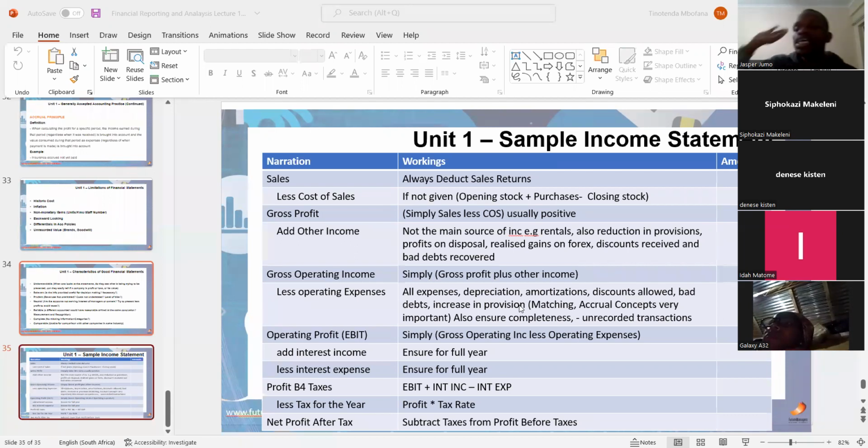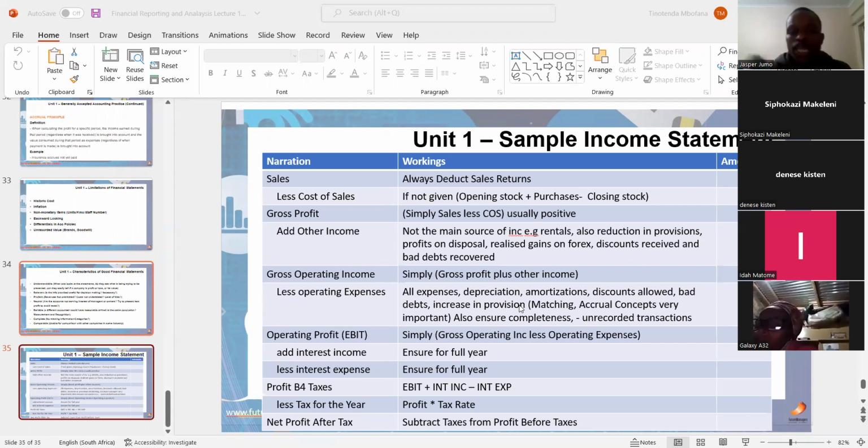You can just give us maybe 10,000 rand rentals for that. But Incredible Connection's business is selling laptops, not rentals. They are not a property company. But for whatever reason, they now have this property that they are lending and getting some income from. So that is what we call other income. We're saying that this is not your main business, but you got some money from other avenues. So you add in other income.